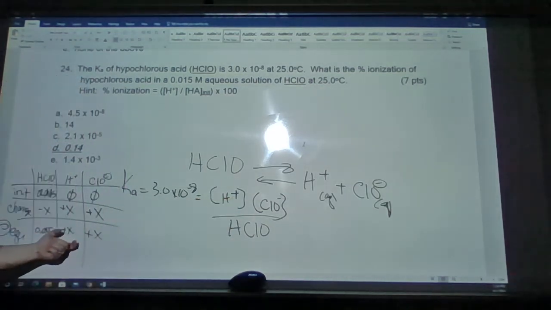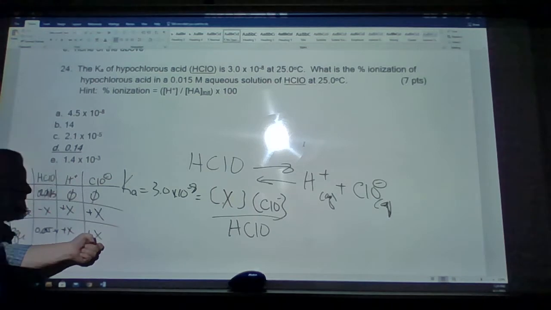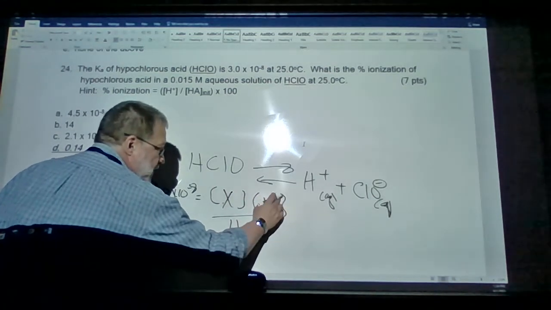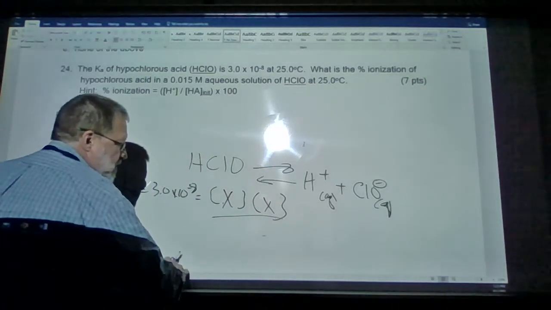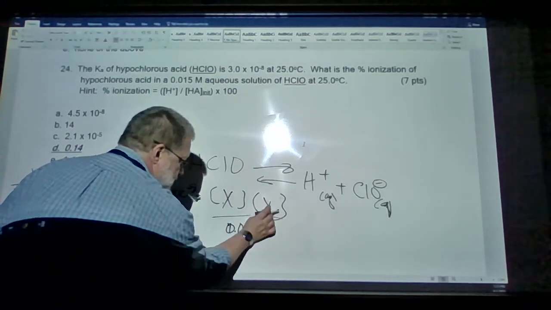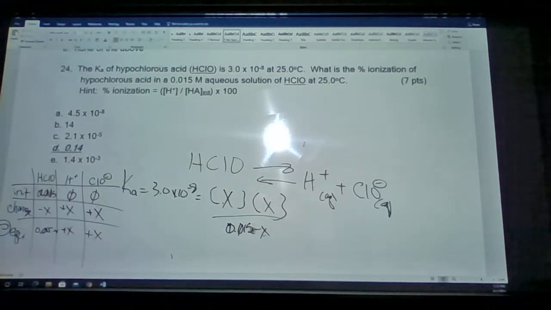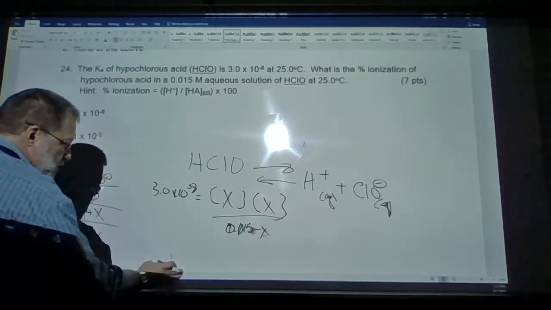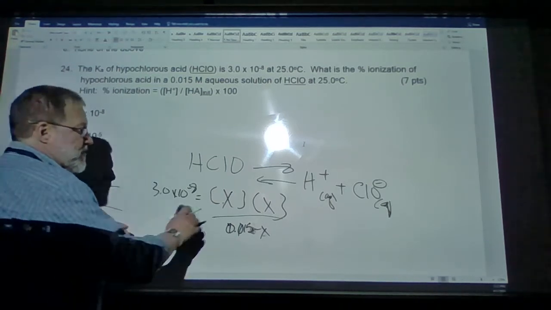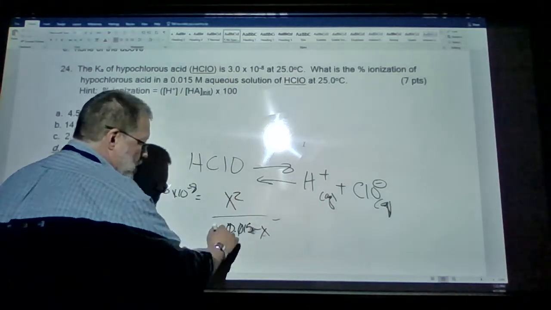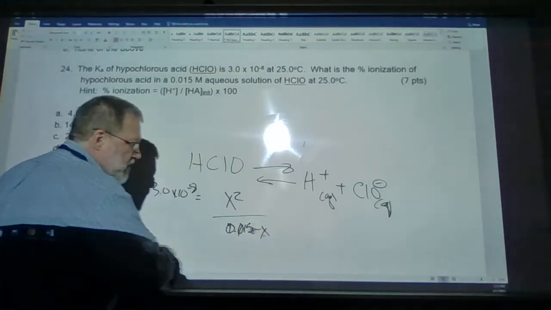Put in the value for H plus, that is X. Put in the value for our hypochlorite anion, that is X. Concentration of our HClO at equilibrium, 0.015 minus X. The Ka value, 3.0 times 10 to the minus 8th, is equal to X squared over 0.015 minus X. If we had to solve the problem from here, we would have to use the quadratic equation.